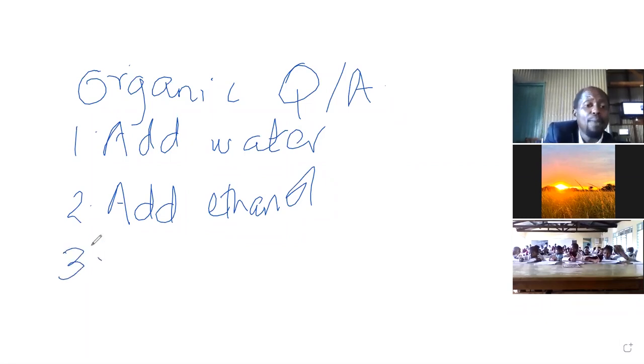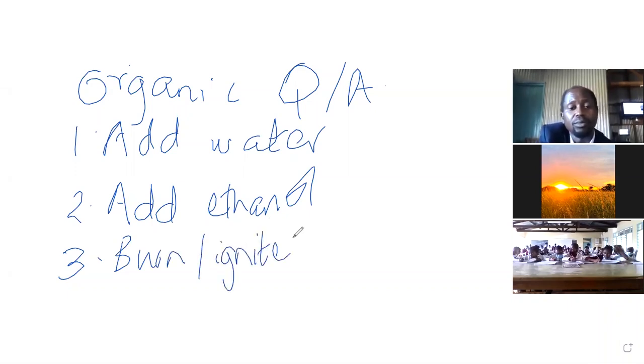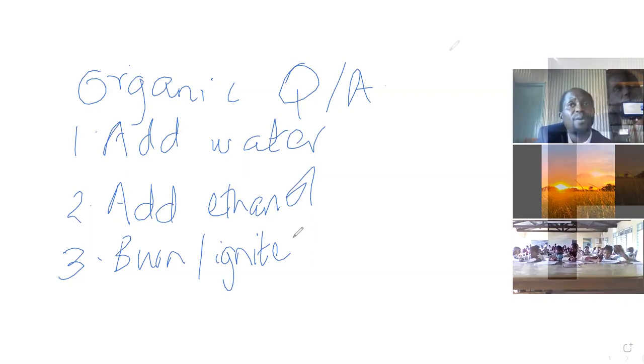Number three, burn or ignite. Before we proceed, it's important we know that from test number 4 onwards, the tests are normally to identify the three main functional groups or homologous series under organic chemistry. First one is the one of double bond.